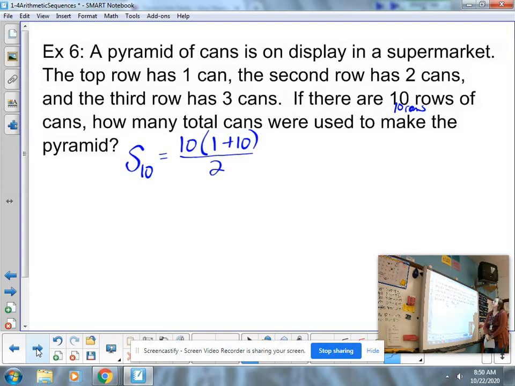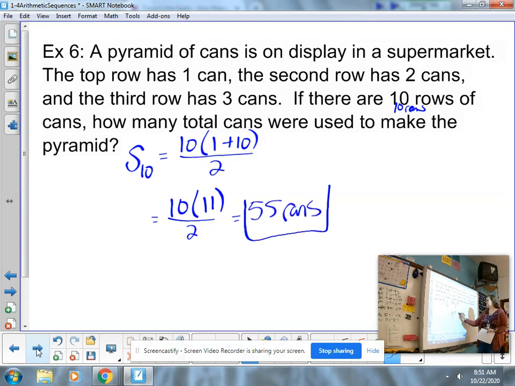Now, if you couldn't easily figure out how many cans were in the 10th row, you would have to do what we did in the last question in order to figure out just how many were in that final row. So you may have to use the sequence formula, the explicit formula there. So this is 10 times 11 divided by 2. So you can think of this as 5 times 11. So total, there are 55 cans in the display.